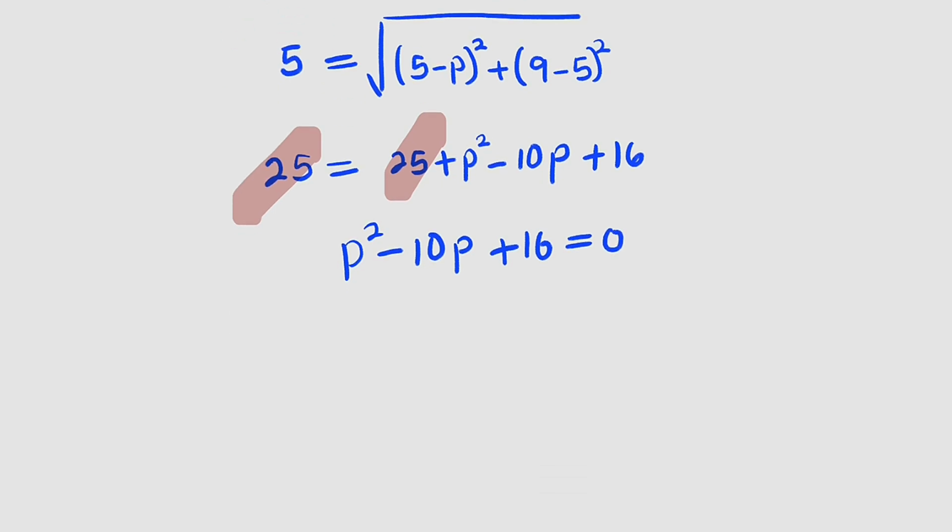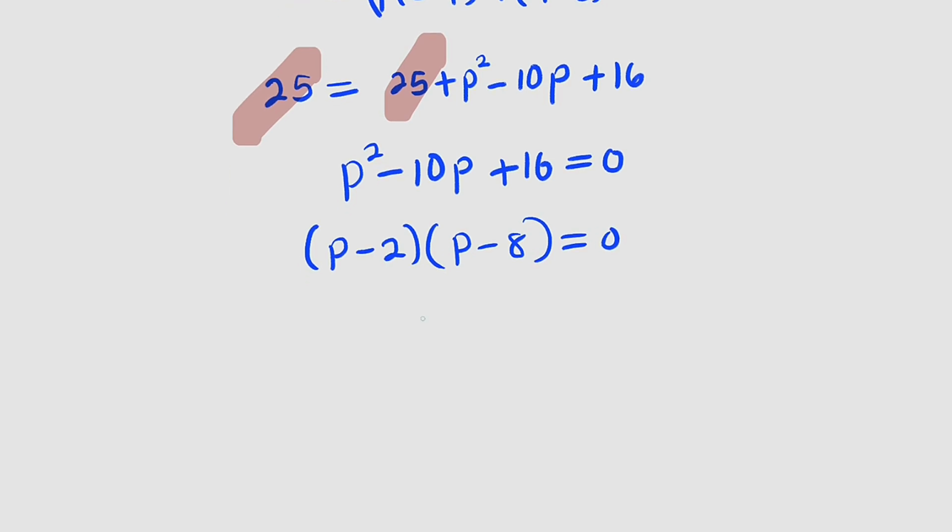Now let us think of two numbers that we can multiply together to get 16 and add together to get negative 10, and the numbers are negative 2 and negative 8. So we have (p minus 2) multiplied by (p minus 8) equal to 0. We're going to set each of these factors to be 0.